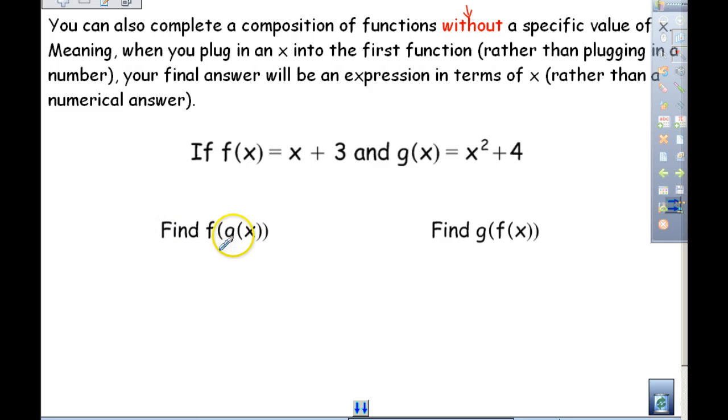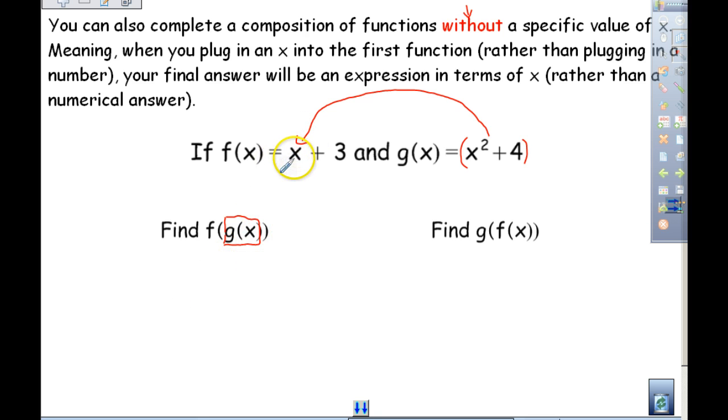We're plugging in the actual function, a whole expression, whatever it is. We're going to plug all of g of x into f of x. So we're going to take this whole thing and plug it in for x. So take all of this, plug it in, plug it in.